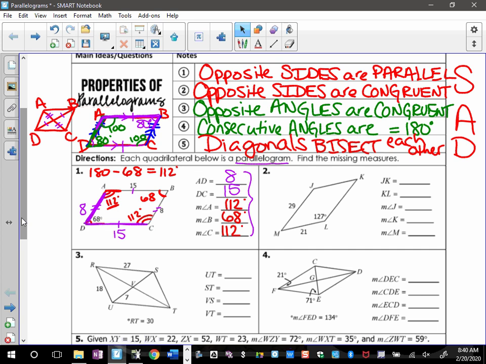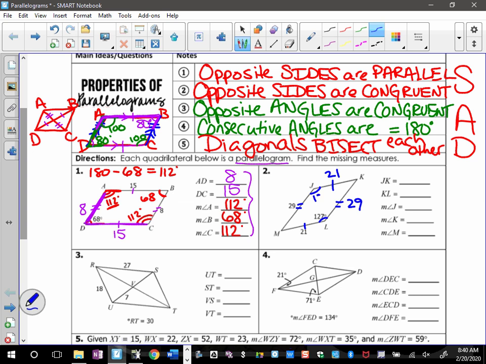So on number 2, again, you could go through. This is 21, 21, JM's 29, KL is 29, L is 127, J is 127. I do 180 minus 127, I get 53.